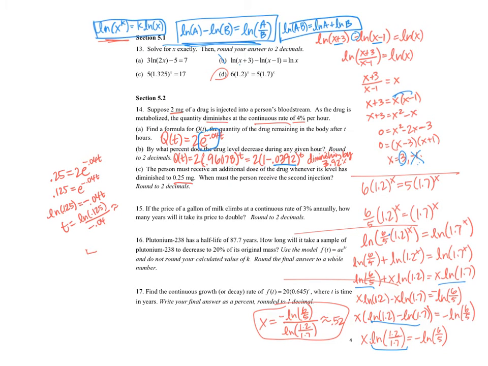So let's see what that is with a decimal approximation. I accidentally hit e instead of natural log. So there we go. I got 51.986.